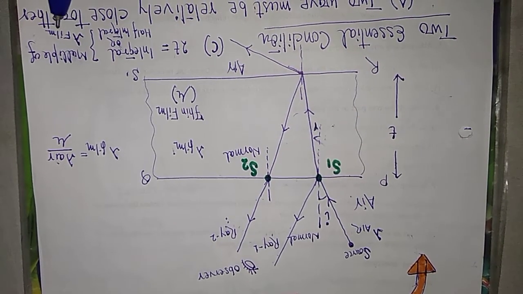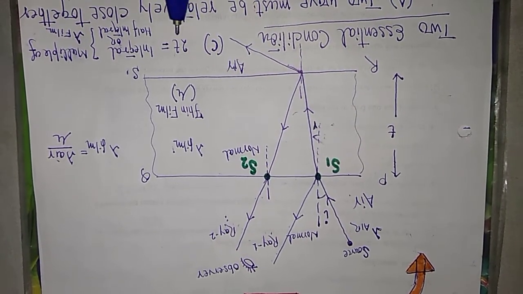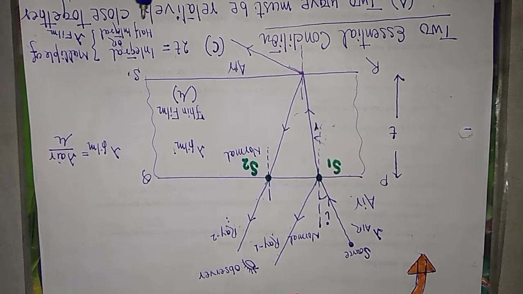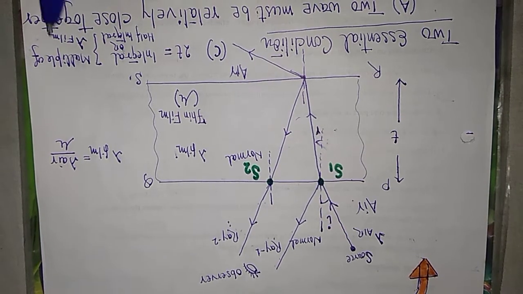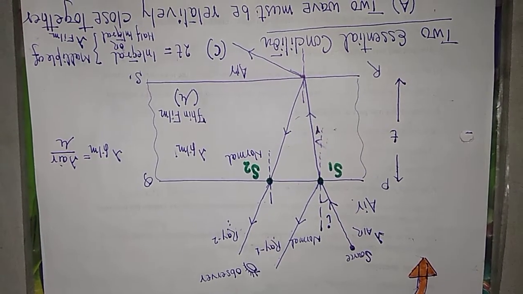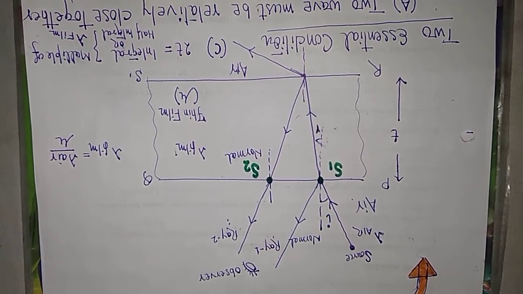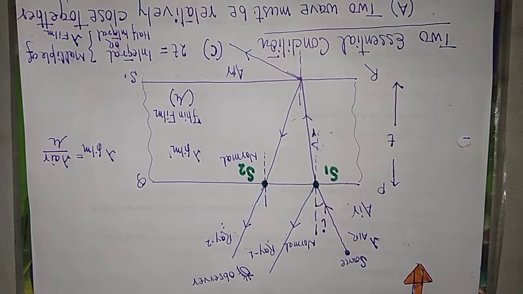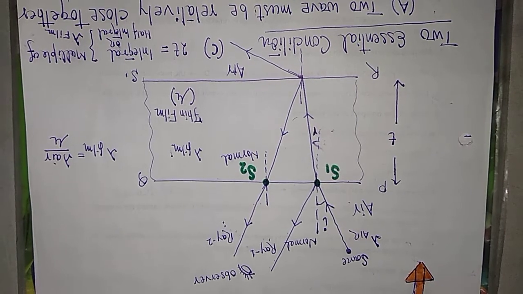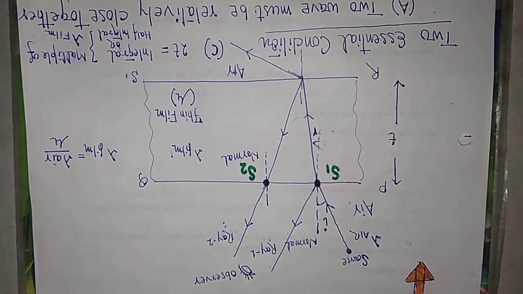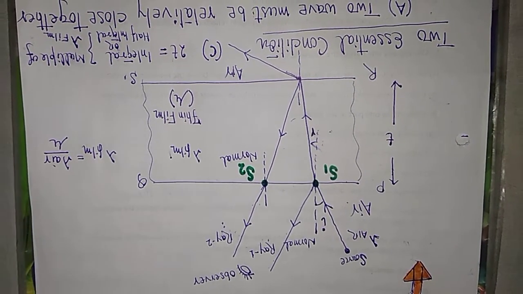So twice t must be an integral or half integral multiple of lambda in film. If this condition is fulfilled, then we obtain the maximum and minimum intensity. Otherwise it is very difficult to observe the interference pattern by the thin film. Thank you.